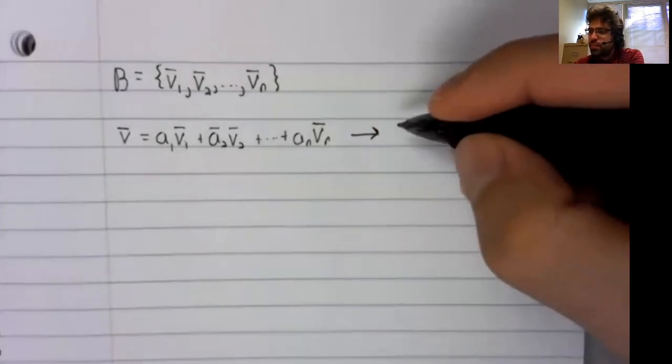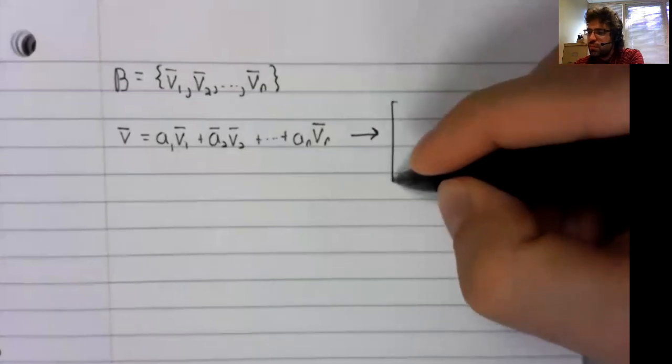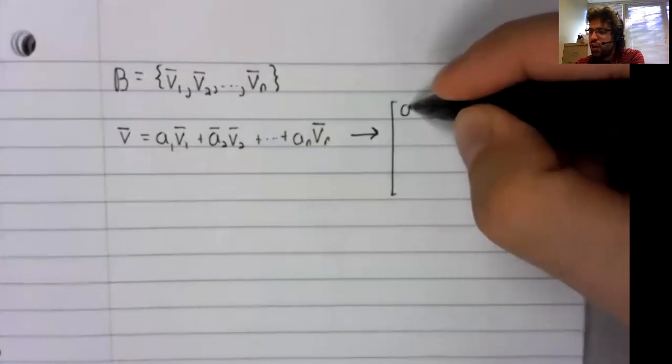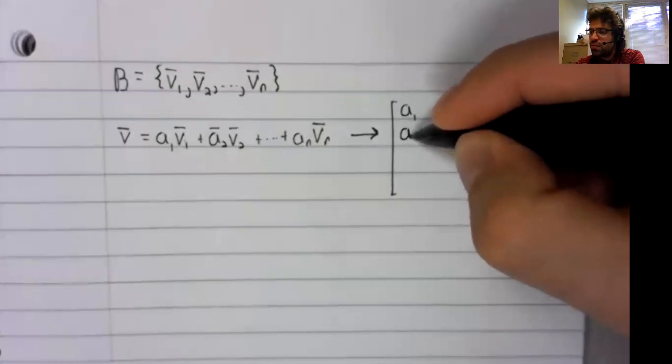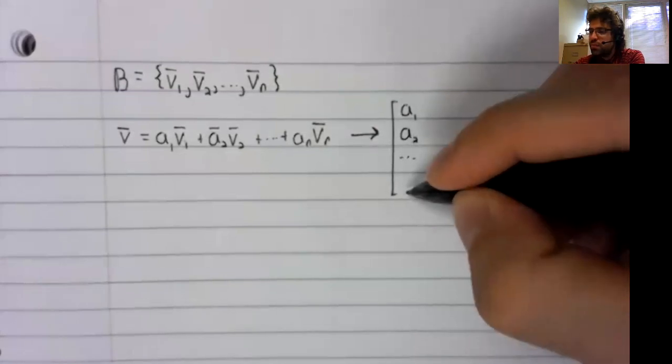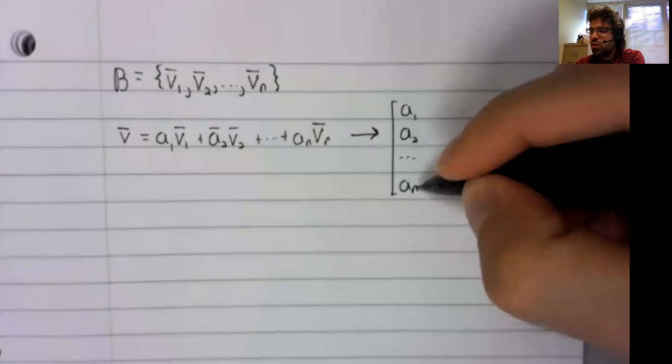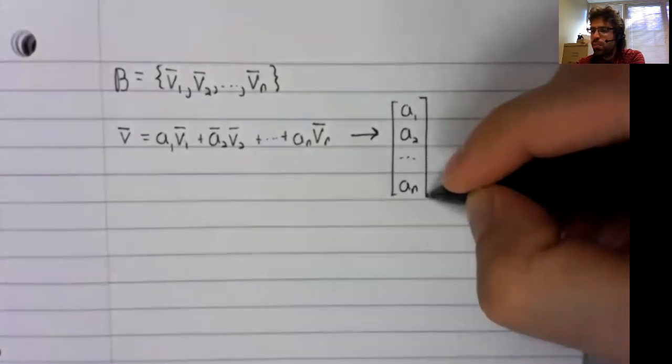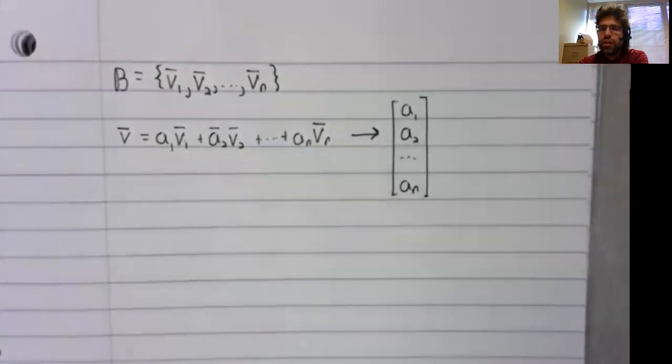And a list of numbers can be thought of as a column vector.